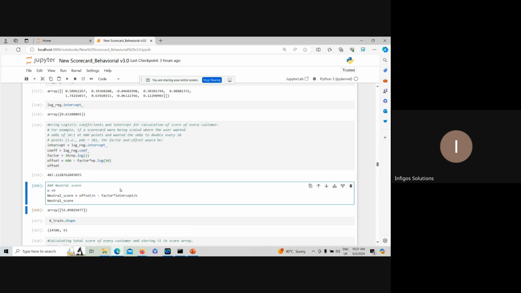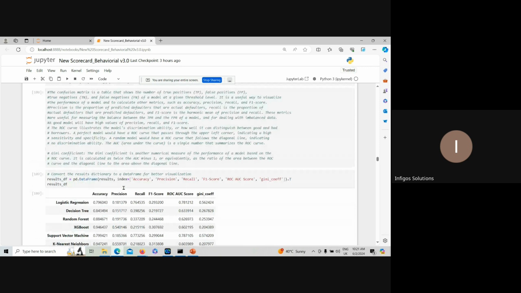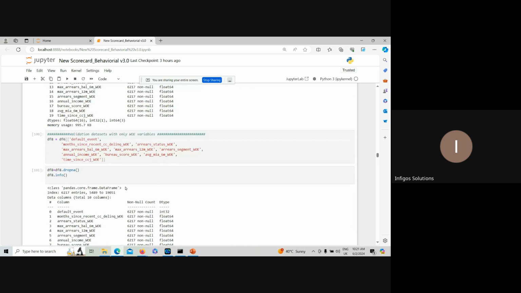For instance, you have these variables, and if any variable scores below the neutral score, that variable will be in the region of rejection when you reject a customer.